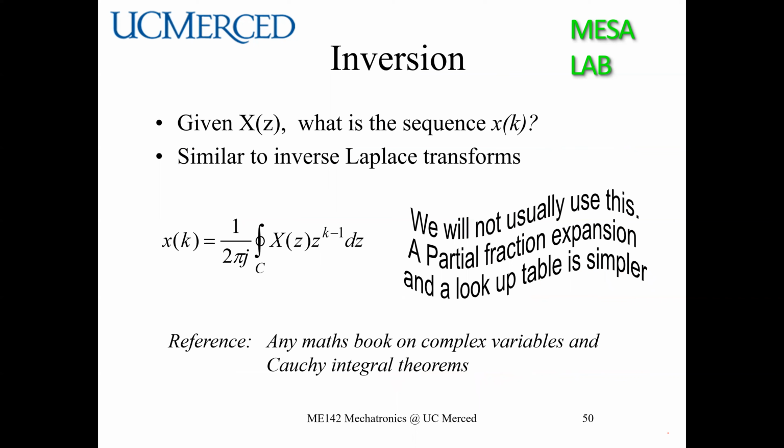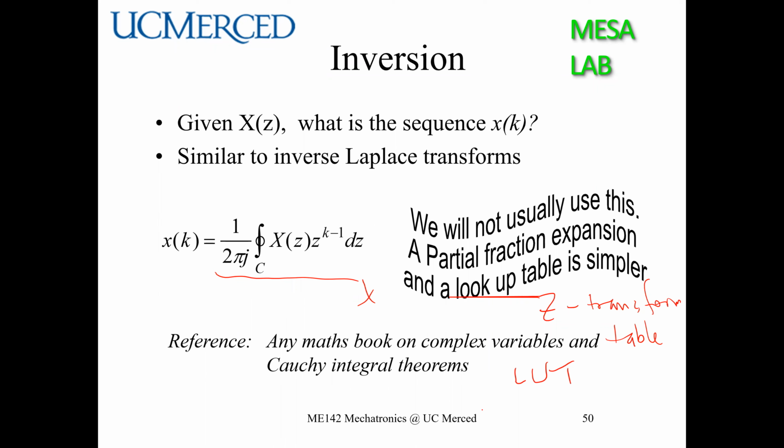So what is the inversion? Again, this type of inversion is usually very complicated, so we are not going to do this. We usually will give a Z transform table, so we usually use a lookup table, LUT.